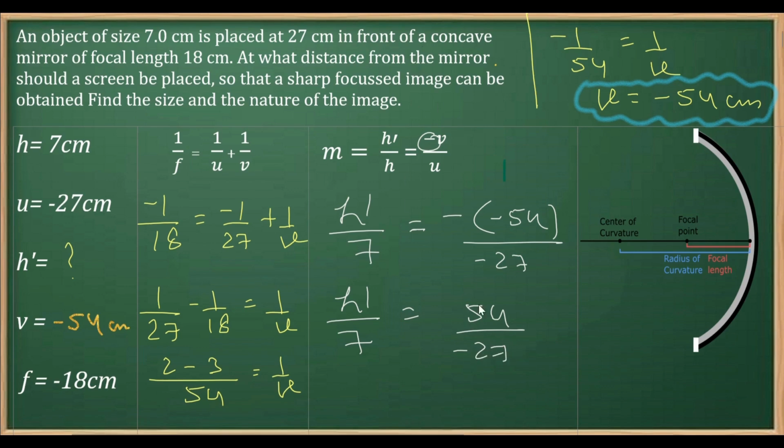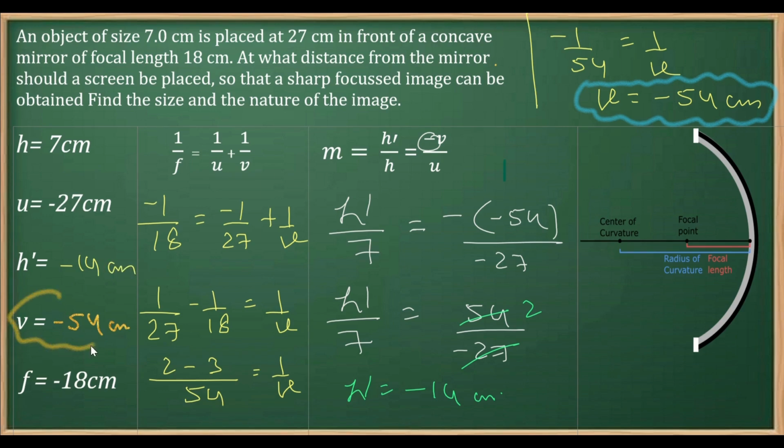So this can be reduced by 2 times. So h dash comes out to be 7 into 2, that is 14, and there is one minus, so that is negative 14 centimeter. So we got the size of the image as negative 14 centimeter. So these were the things that we have to find out.